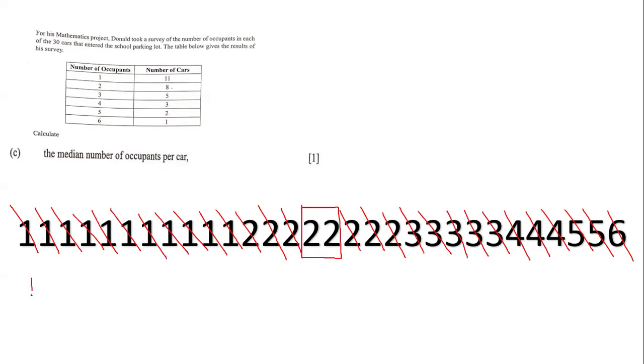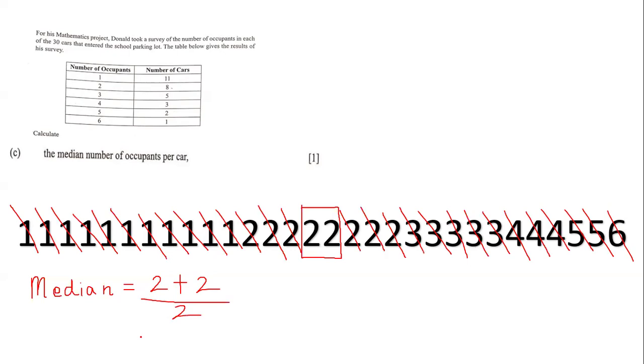So that means that the median, right? The median is going to be equal to the sum of 2 and 2, so it's going to be 2 plus 2. But we have to divide it by 2.